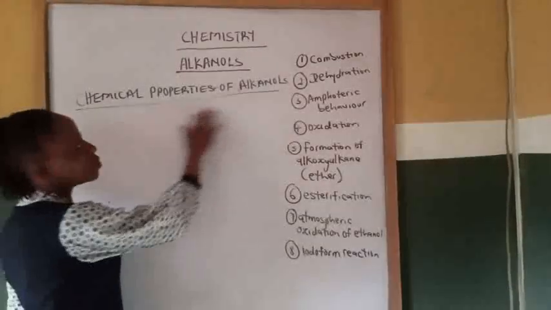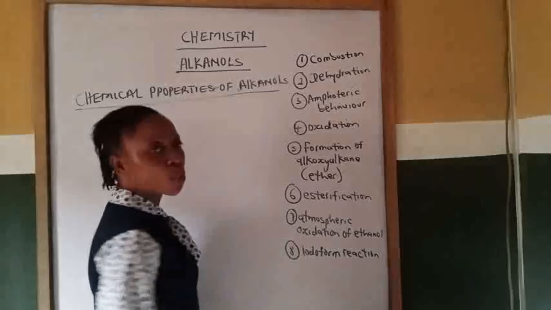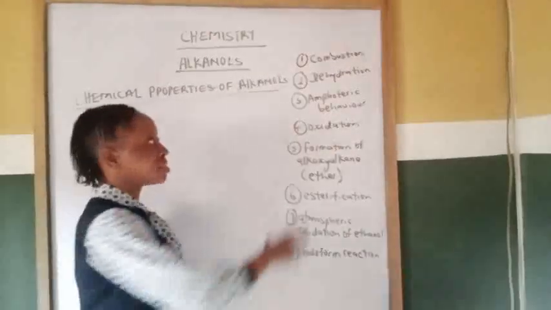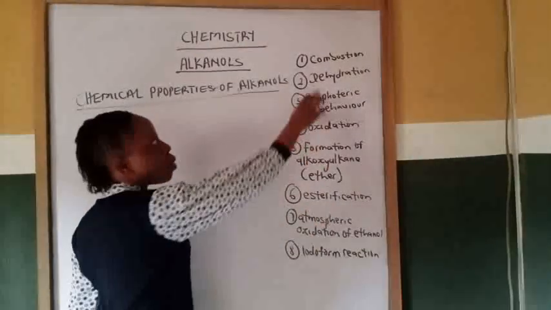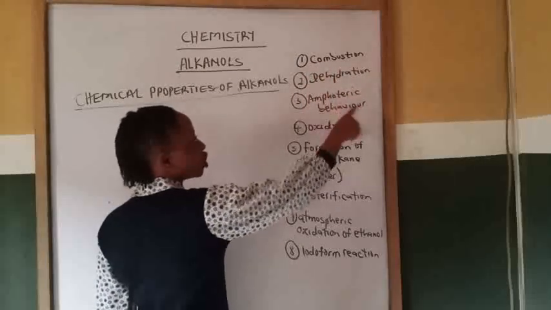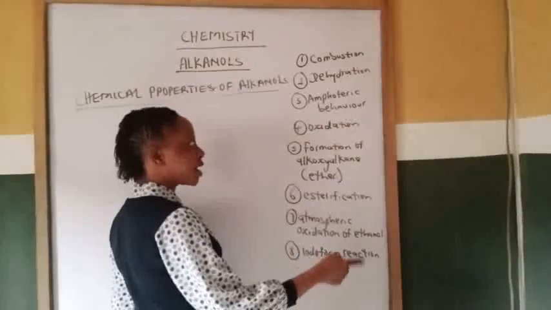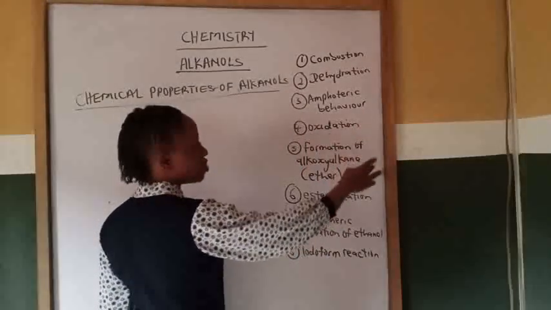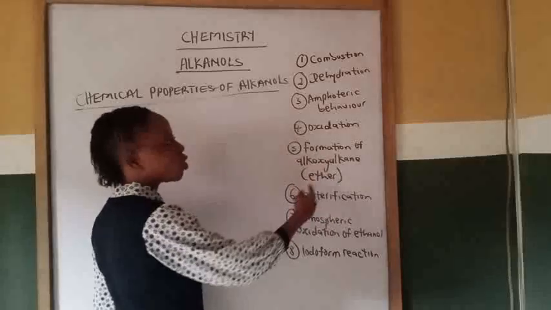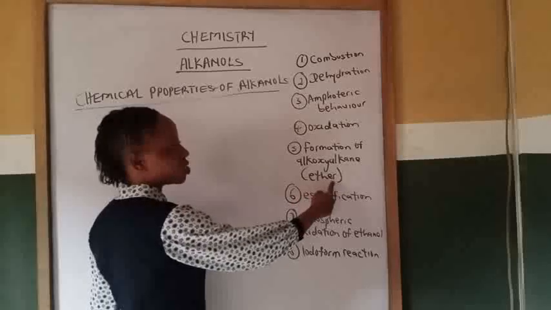So under chemical properties of alkanol, we are going to look at these 8 chemical properties. Number 1 is combustion reaction. We look at dehydration. We look at amphoteric behavior of alkanol. We look at oxidation reaction. Then we look at formation of alkoxyalkane, which is known as ether.